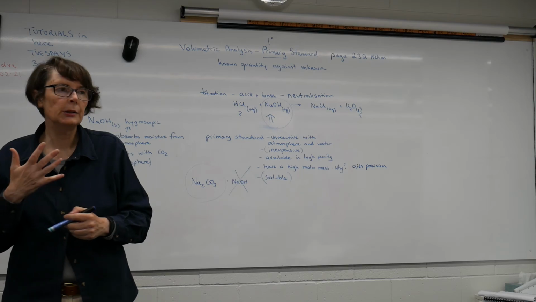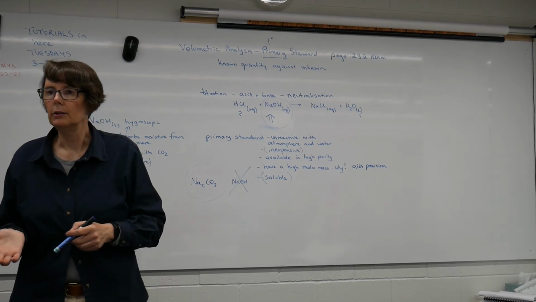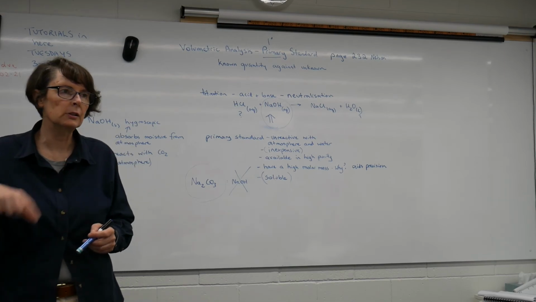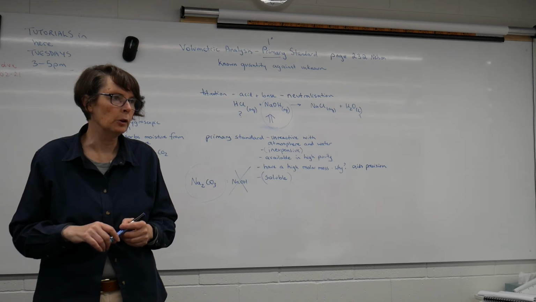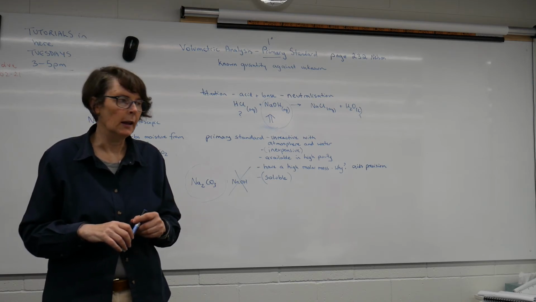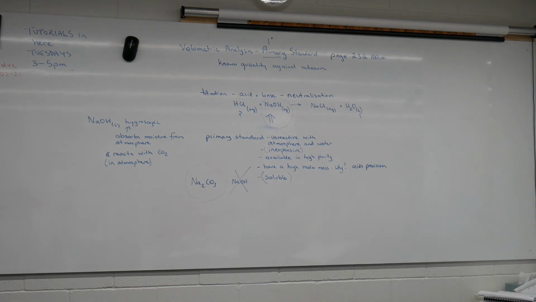If you are going to dissolve the sodium carbonate in a beaker, you must make sure that you rinse the beaker well into your volumetric flask. And I'll just grab a volumetric flask because unless you did the titration competition, you didn't use one.